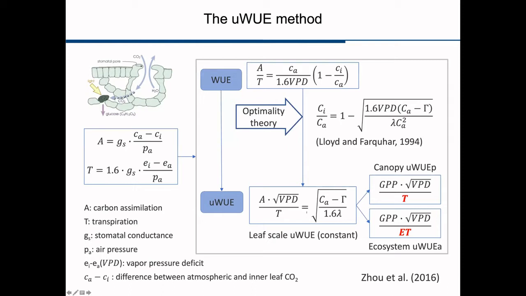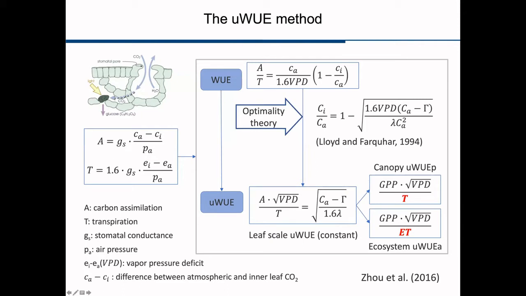Essentially, it depends on atmospheric CO2 concentration C and marginal water use efficiency lambda. This lambda is generally assumed to remain constant for a uniform ecosystem, and uWUE is also expected to be constant at the leaf level as well as the canopy level.